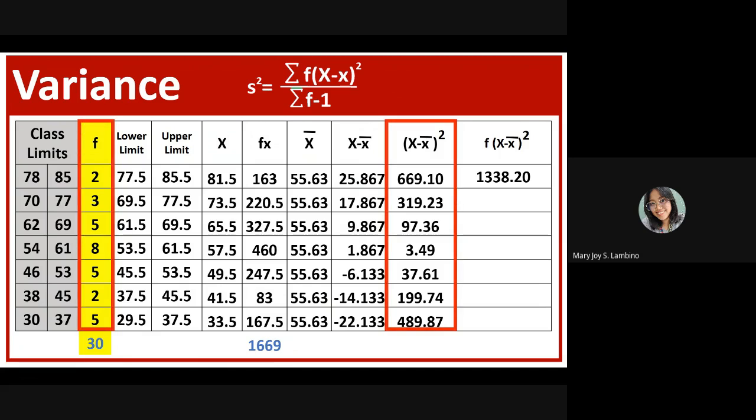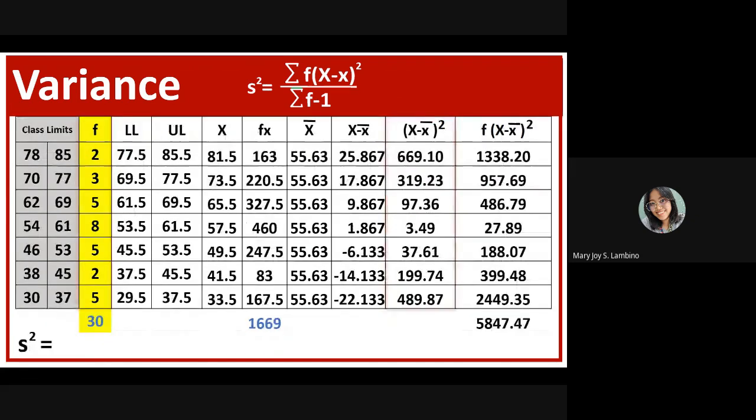So let's add another column which represents the frequency multiplied by the answers of midpoint minus the mean squared. So our answers: 2 times 669.10 is equal to 1,338.20. And let's do the rest of it.